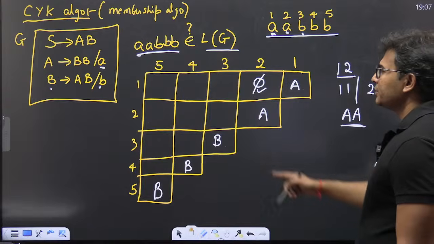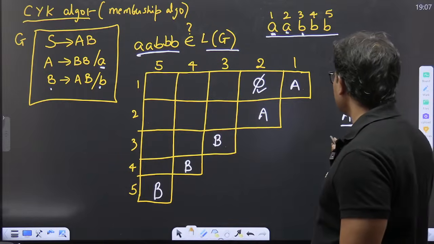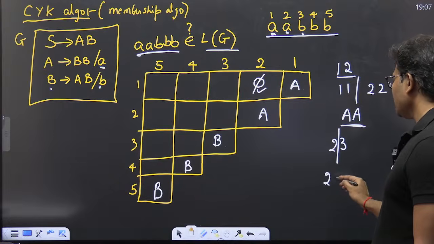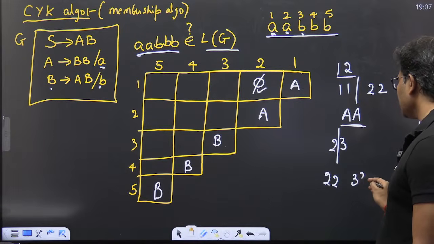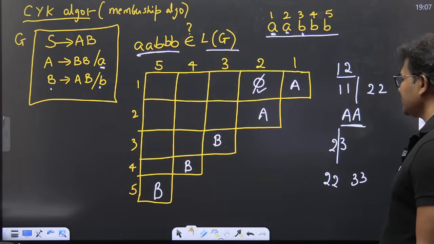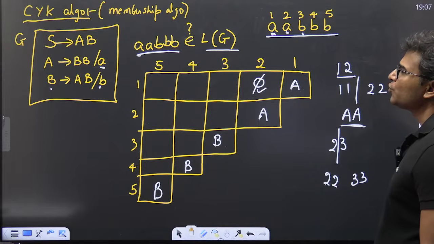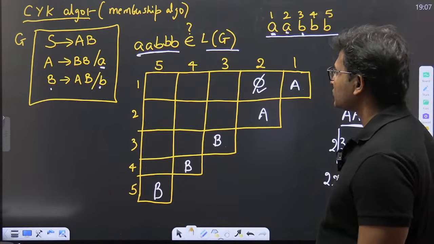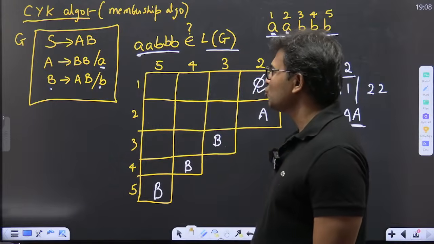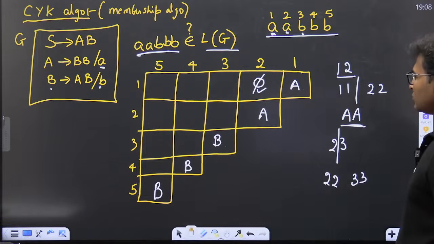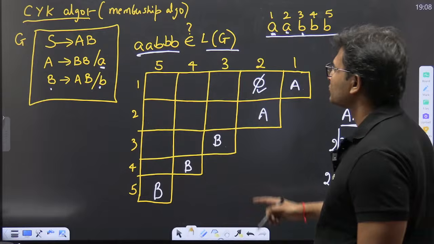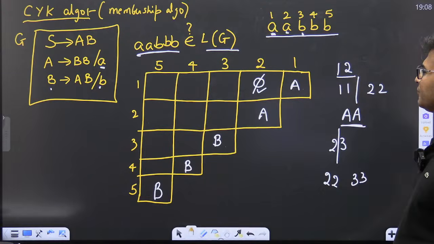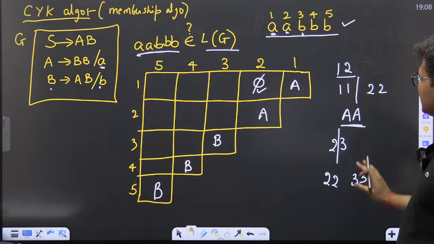Now what about this one? This one is 2, 3. Break it into two parts: one is 2, 2, the other is 3, 3. Don't look at this, just see the table.